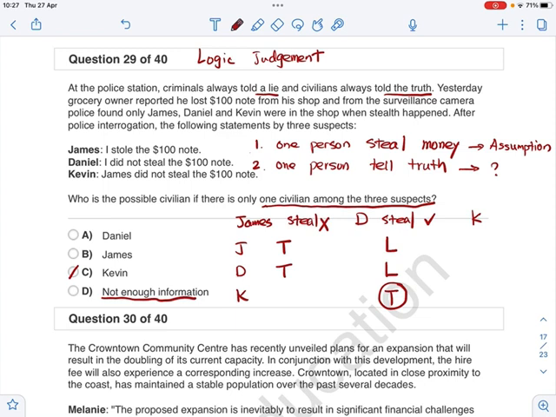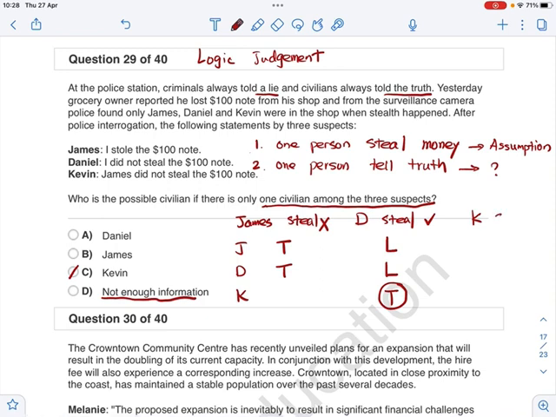If we assume Kevin is the one who steals the money and it also works, then the answer might change from Kevin to D, not enough information. Because if that still works, the civilian could be Kevin or somebody else.